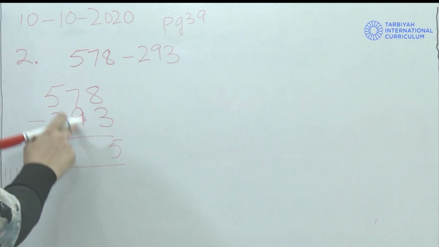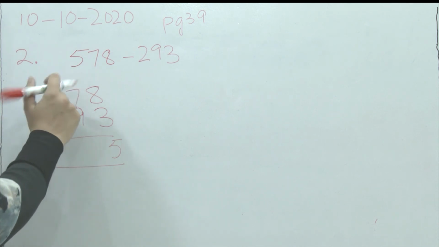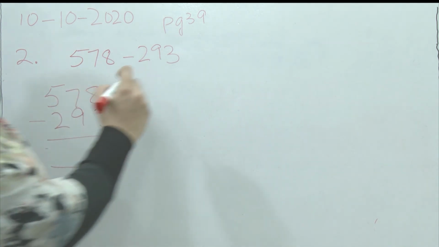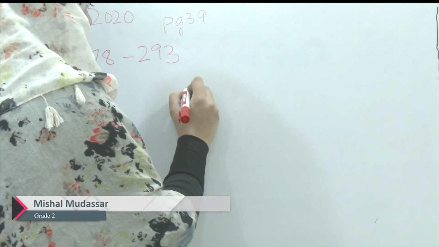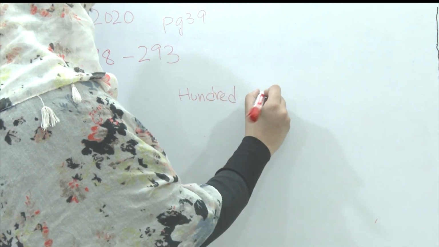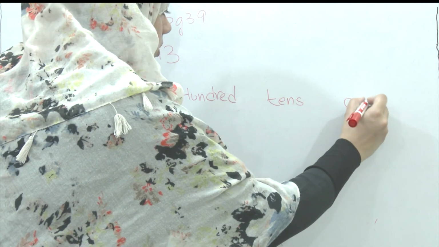So what we will do, we will borrow 100 from here. So first I will draw this for you. Hundreds, tens and ones.